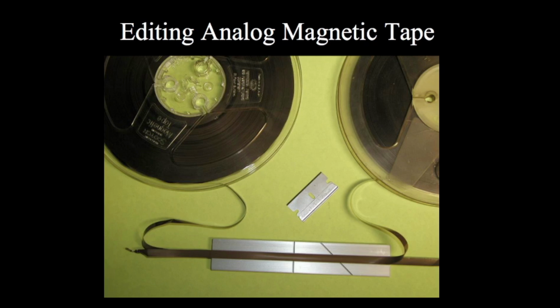Then you have two smaller grooves, one diagonal and one perpendicular. Those grooves are there so that you can make the exact cut that you want and have it be the same cut on both reels of tape.